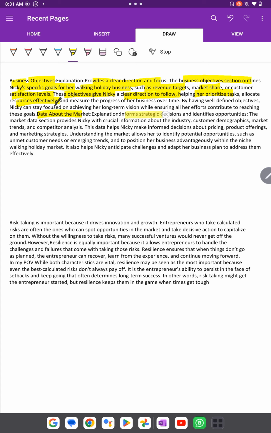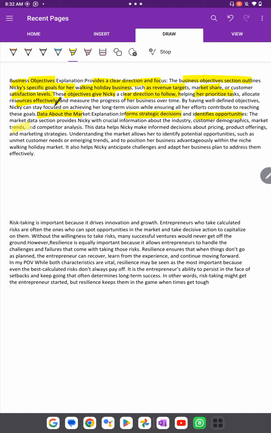Informed strategy decisions. Of course, if you have the data about the market, then whatever business plan and strategy we are going to make would be an informed strategy decision, and it helps identify opportunities. If we have the data about the market, we can identify that, okay, if there is a gap in the market, how we can fill it. That's why we can identify the opportunities.